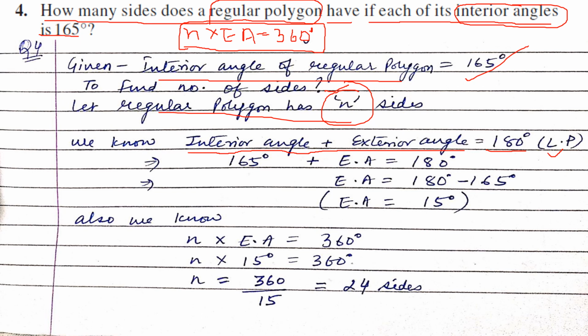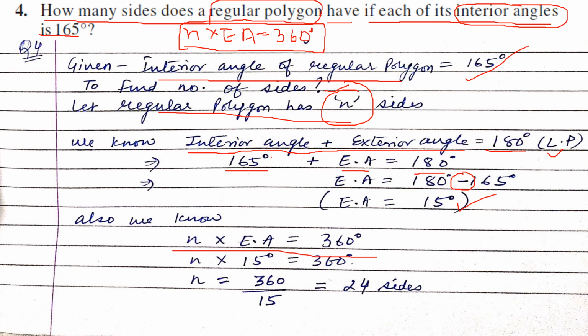We know the value of IA is 165, EA we have to find. Now this 165 will go to that side and becomes negative, and hence each exterior angle comes as how much? 15 degree. Now use the formula, this one.